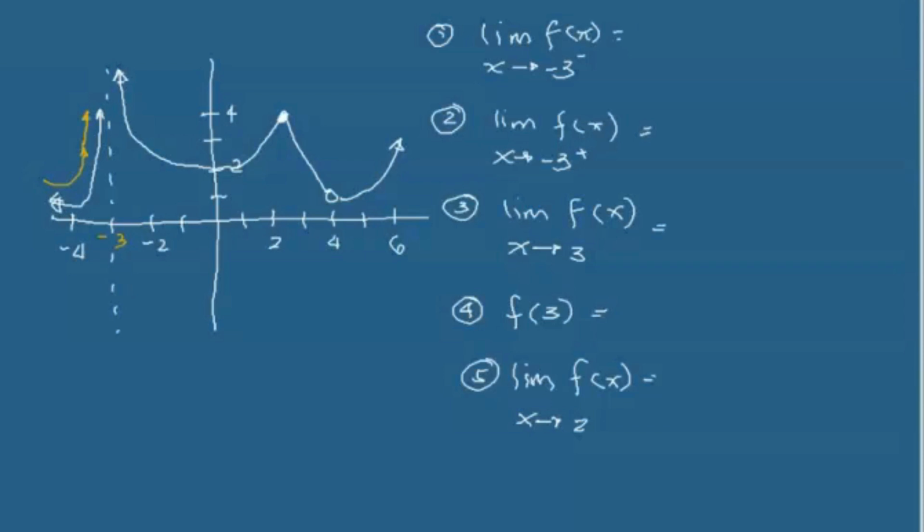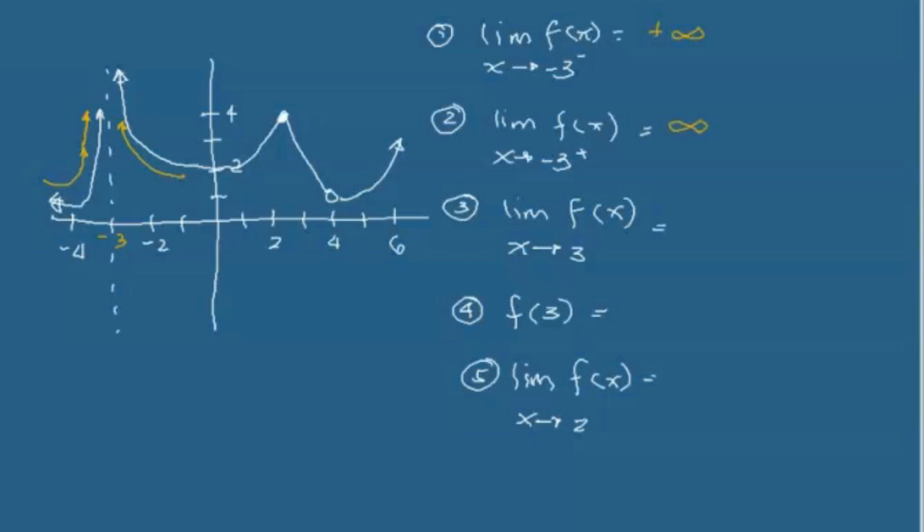Okay, so this is positive infinity. Now the limit of f of x as x approaches negative 3 from the positive side or right-hand side, so this one, it goes up, up, up, getting bigger as well. So this is also positive infinity.